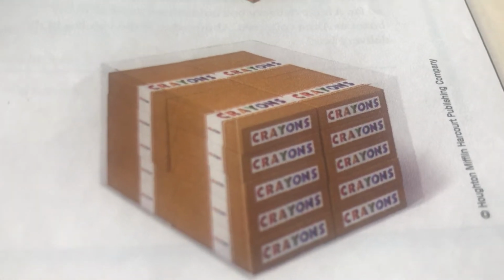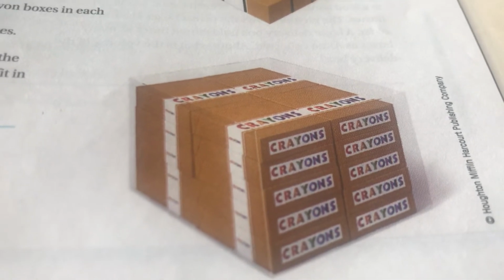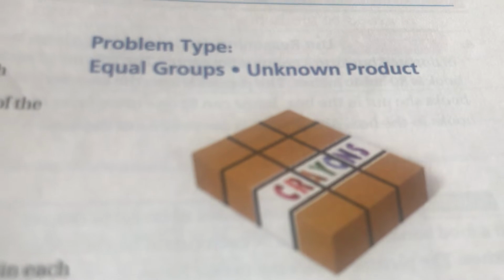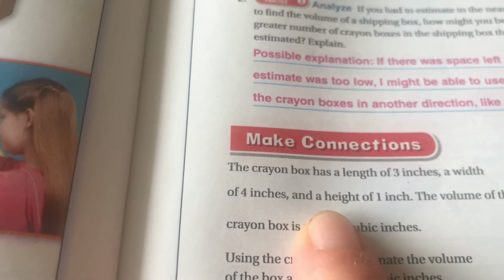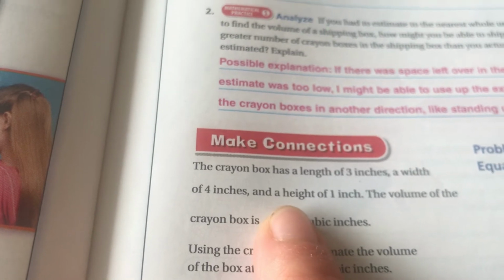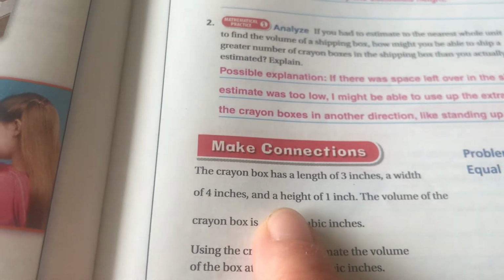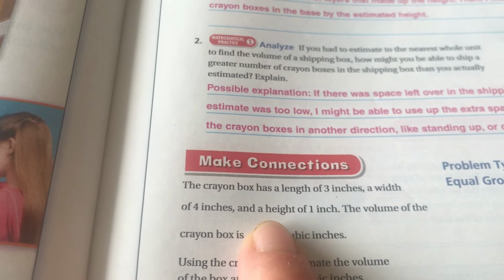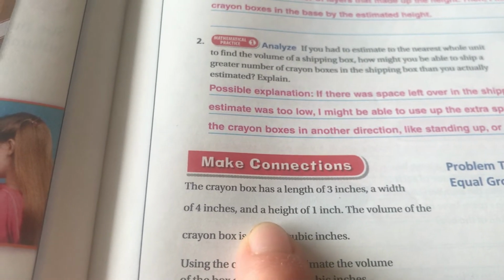Okay. So in this problem, they're making us figure out, well, what's the volume of this? So at the very beginning of the make connections part, it says the crayon box has a length of 3 inches, a width of 4 inches, and a height of 1 inch. The volume of the crayon box is blank cubic inches.